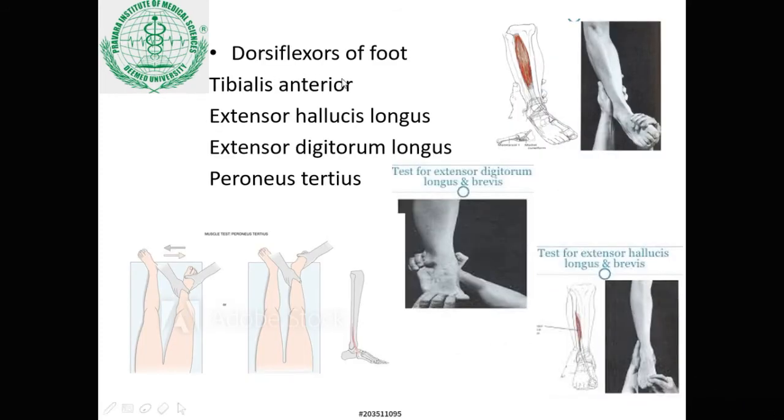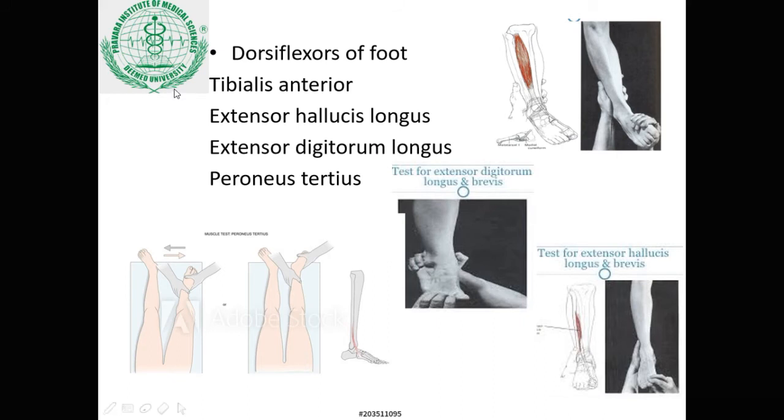Now the dorsiflexors of the foot are tested by asking the patient to do the dorsiflexion of the foot at the ankle joint against resistance. So this will make the tendons more prominent. The dorsiflexors of the foot are tibialis anterior, extensor hallucis longus, extensor digitorum longus, and peroneus tertius.